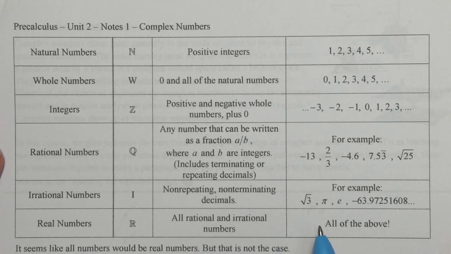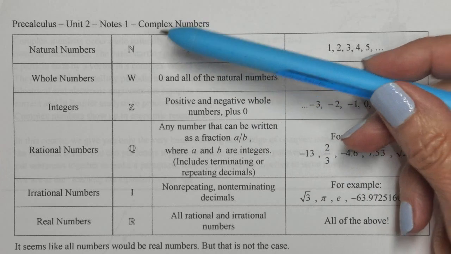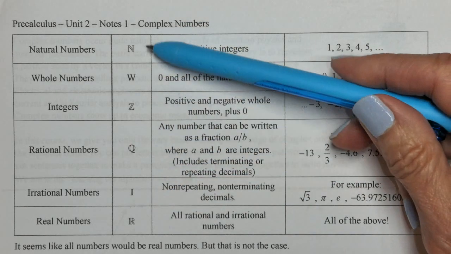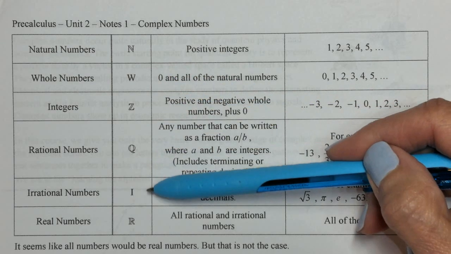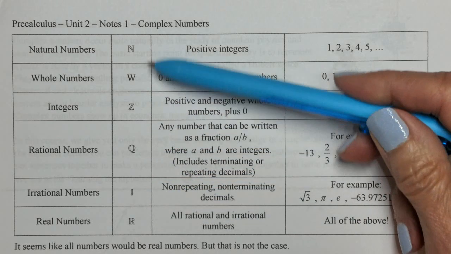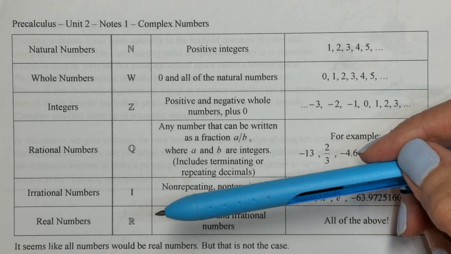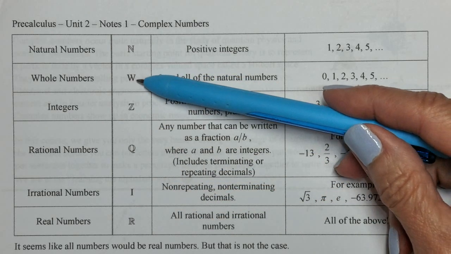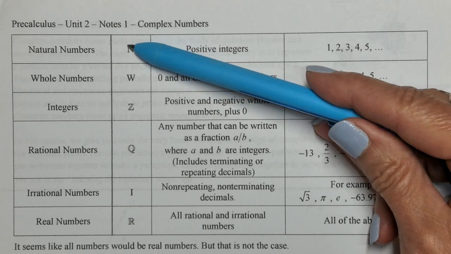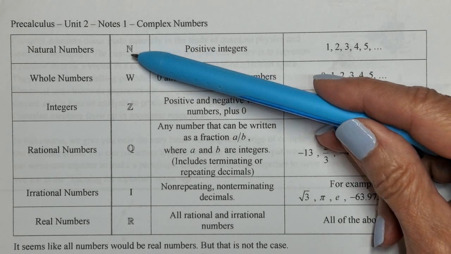What you may not be familiar with are these symbols that denote natural, whole, integer, rational, irrational, and real numbers. These are the symbols that denote those sets. I could not find the double bar on the end.